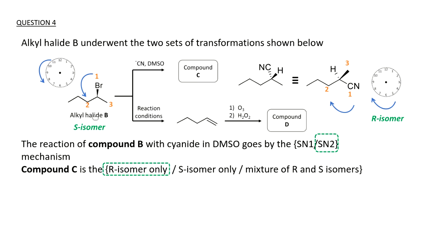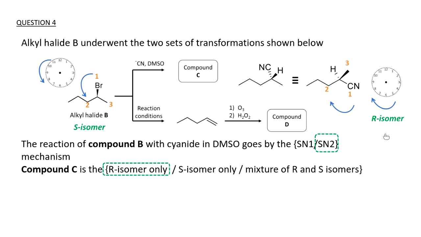We have a pentacoordinate intermediate, and so we have the nucleophile being added on the opposite side of the halide that is leaving. So if we began with an S isomer for your alkyl halide, it means that your product will have to be the R isomer.